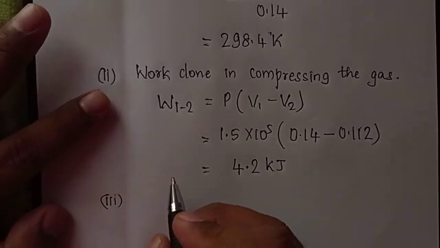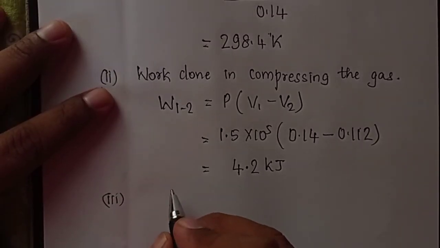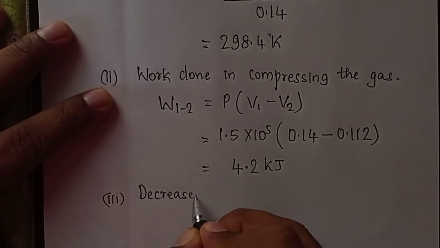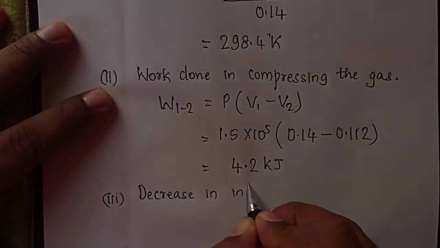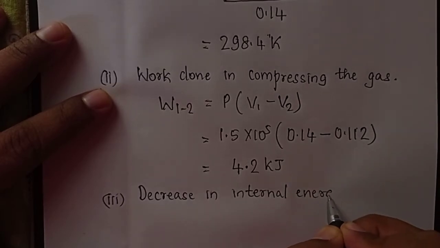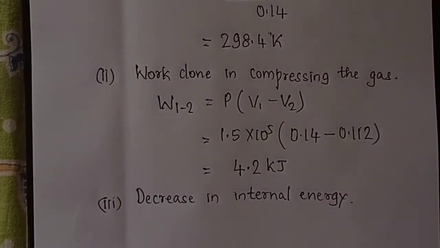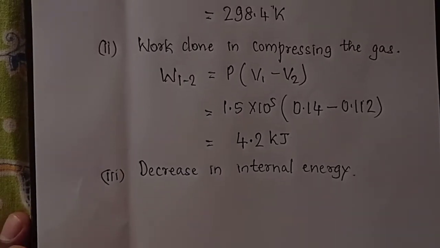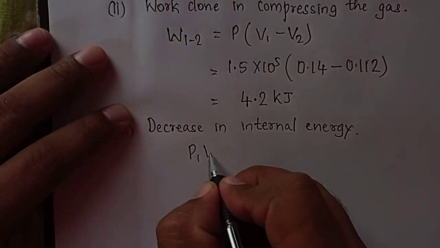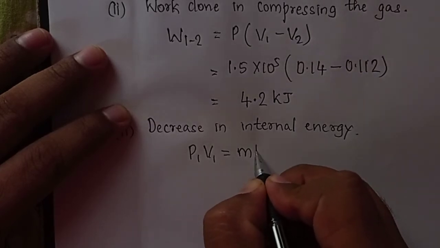Then third case. Third is to find out decrease in internal energy. So to find out decrease in internal energy, we need to find out first what? We need to find out the value of M. So again, we know that P1 V1 is equal to M R T1.